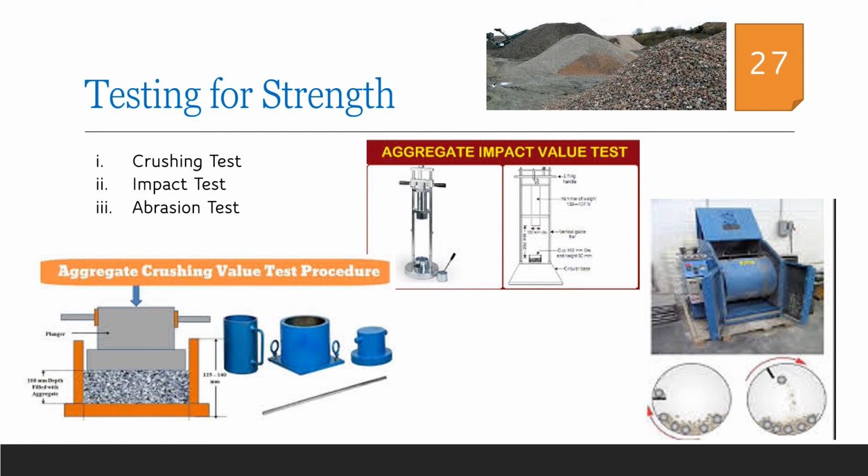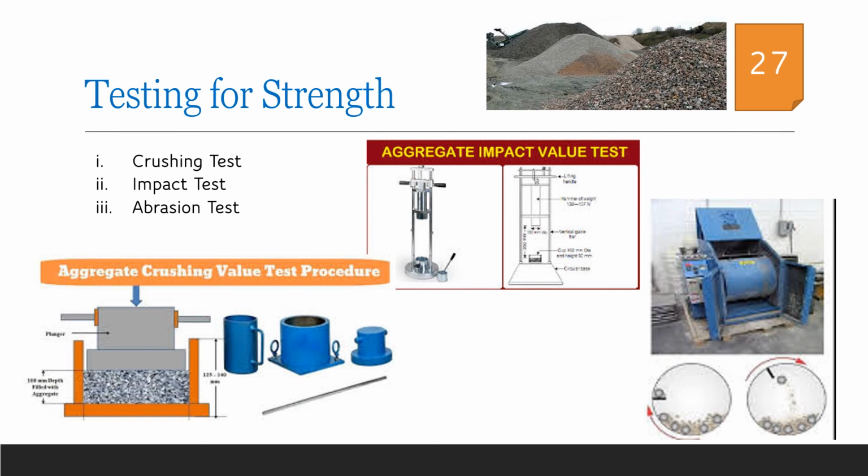The impact test is very similar to the crushing test. Here the load applied is an impact load. A weight of around 14 kilograms is dropped on the sample 15 times, and after that the sample is taken out and sieved through the 2.36 mm sieve, and the weight that passes through the sieve gives an indication of the impact value.